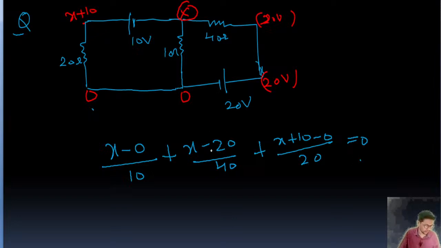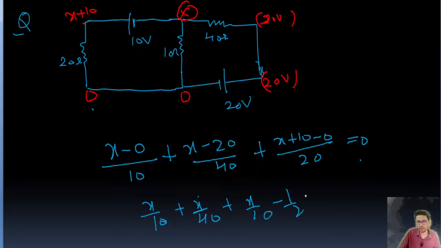From there we can easily find the value. So this is going to be x by 10 plus x by 40 plus x by 20 minus 1 by 2, that is 20 upon 40, right?